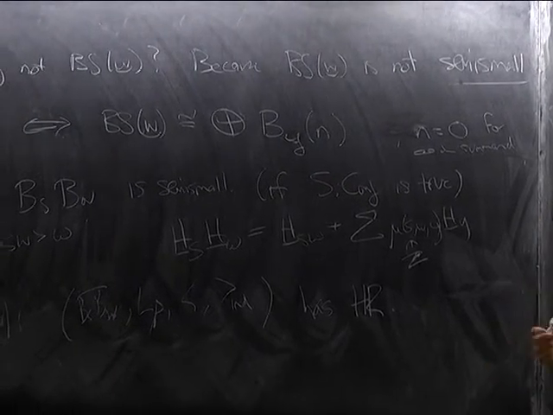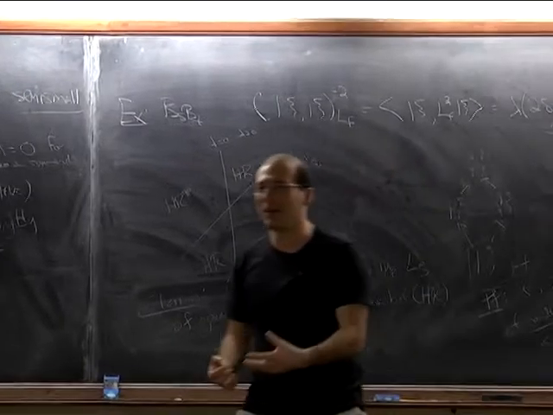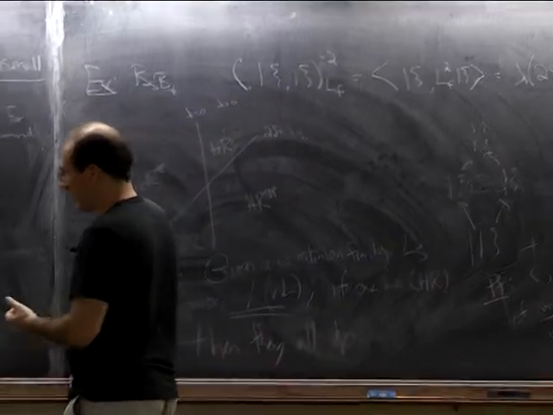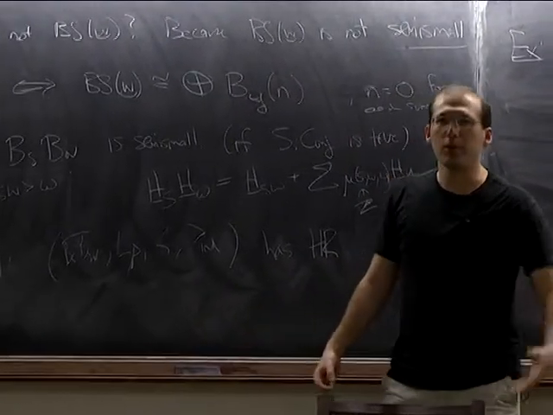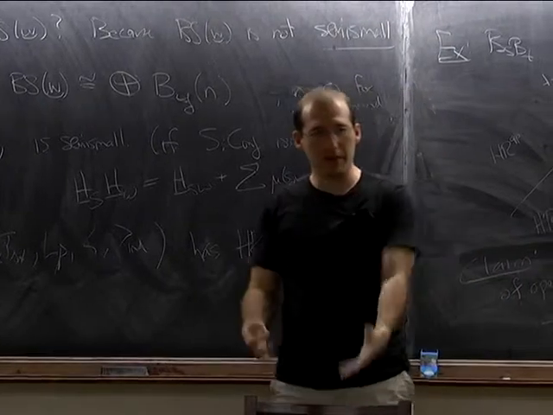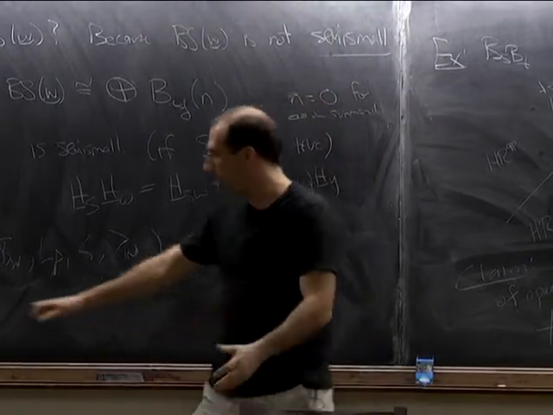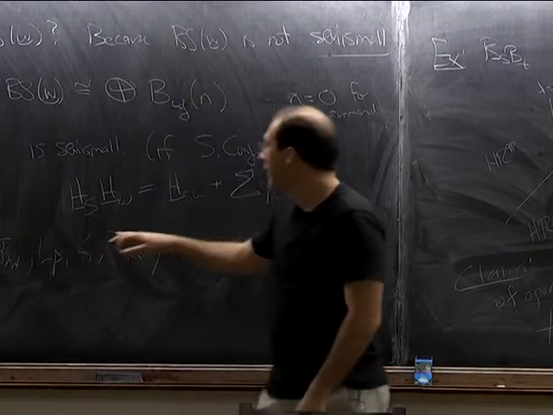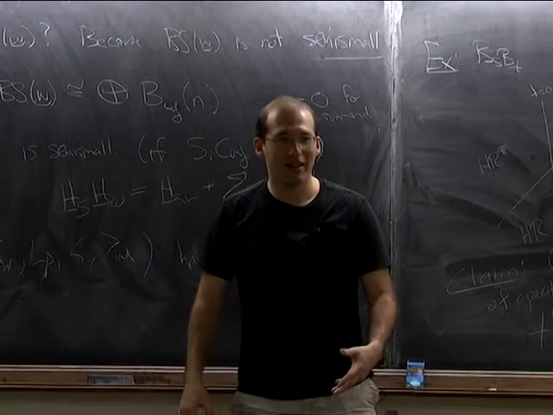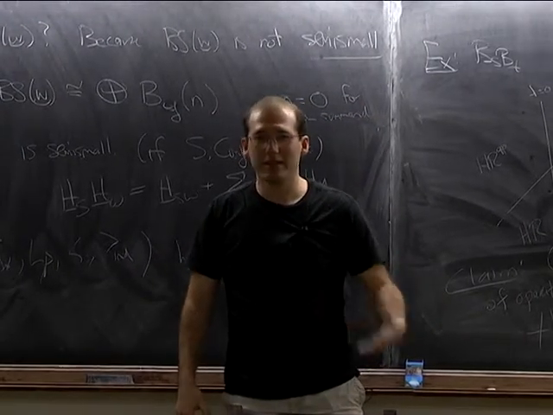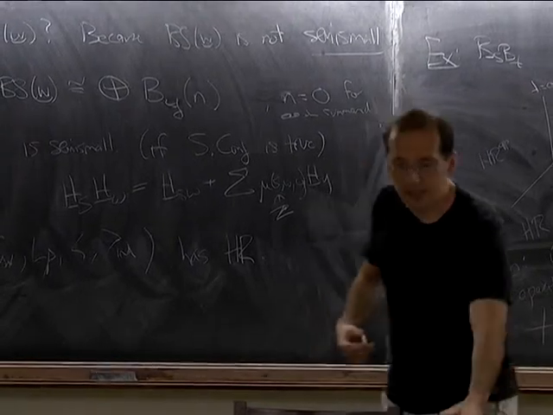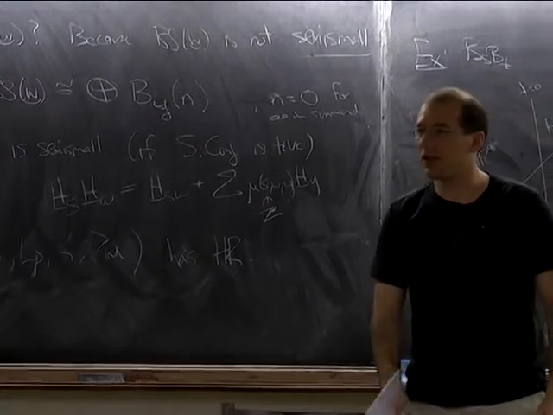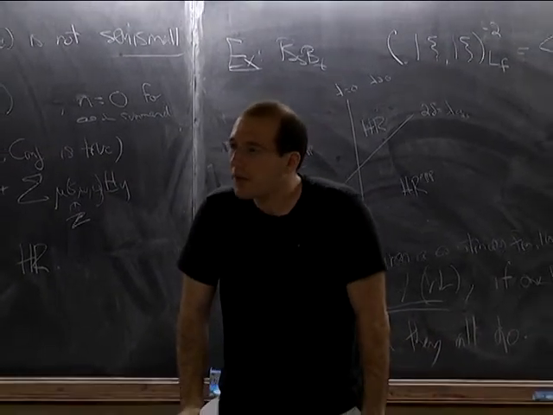Sorry, I'll let you write it down so that you can both write and follow. This is going to lead to our inductive proof. We're going to show that BW has HR. We're going to somehow bootstrap into the statement that this has HR. And then we're going to say, okay, well, the summand inside it has HR. And we're going to repeat. So thanks to semi-smallness, we can do this nice argument and always talk about HR.